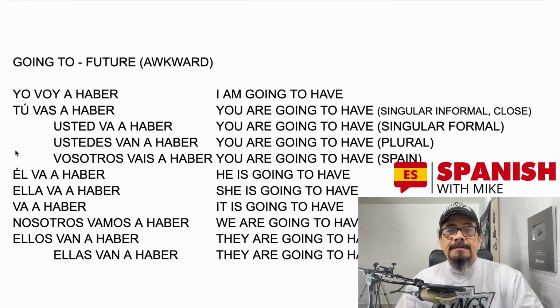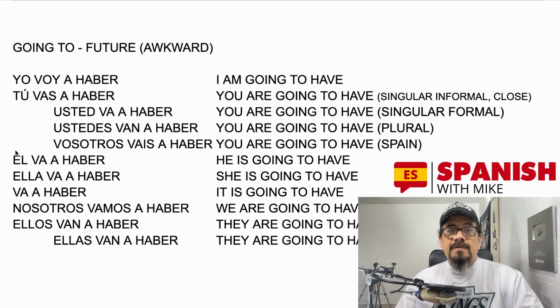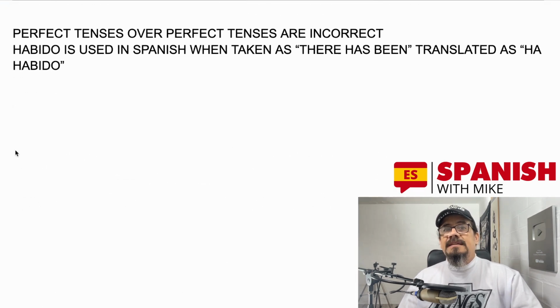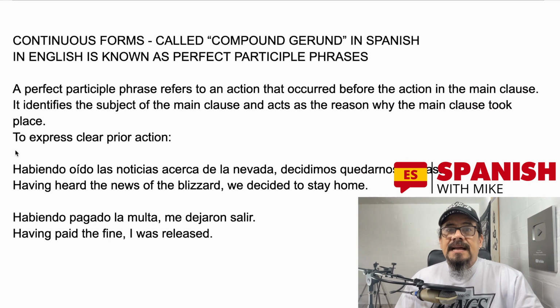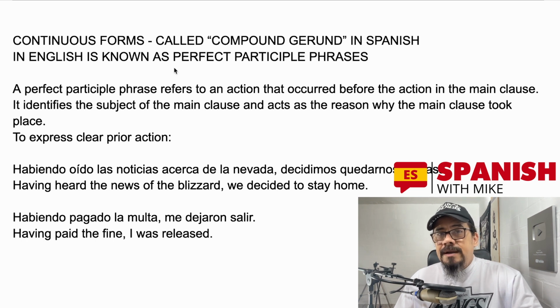We need to keep in mind this thing about the going to, the future, which is awkward. Also, the fact that perfect tenses over perfect tenses are incorrect. Also, what we call compound gerund in Spanish is called perfect participle phrases in English.